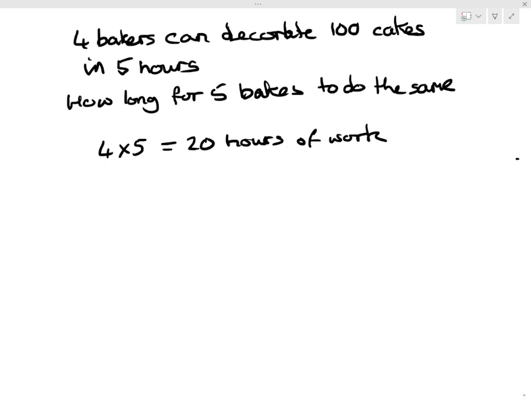Now you're going to put 5 bakers onto the job. So we're going to do the 20 hours of work divided by the 5 bakers equals 4 hours.